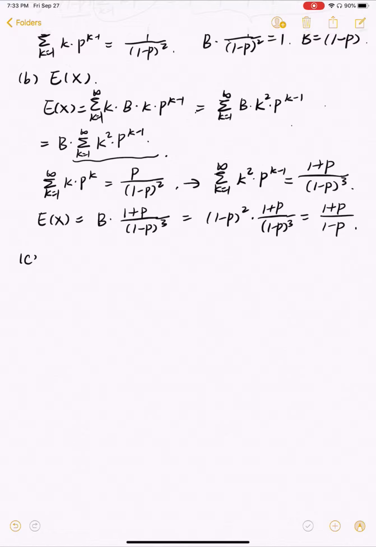The third question is to find the expectation of X squared.